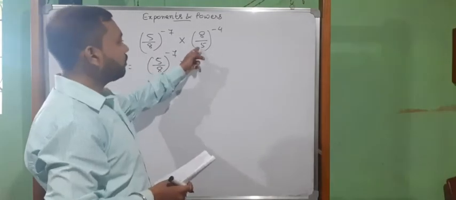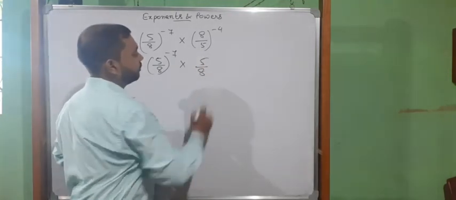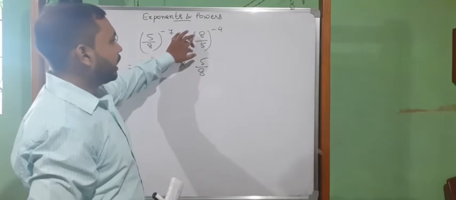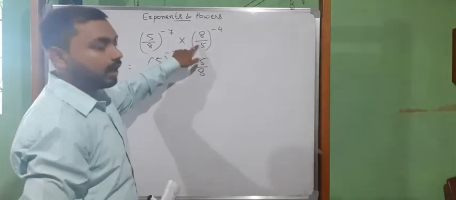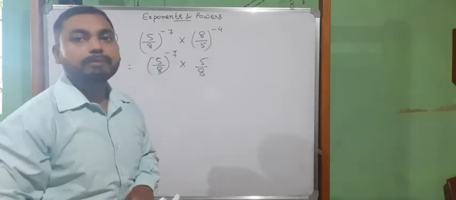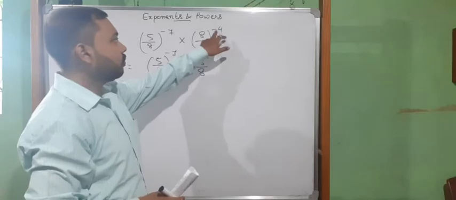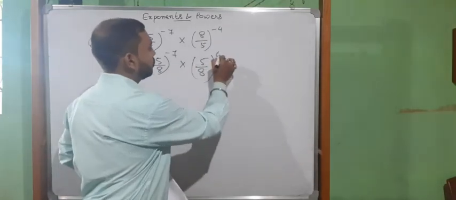Okay, we can write in 5 by 8. If this base will become reciprocal, it was 8 by 5, now I have written 5 by 8, then definitely the sign of this power will be changed. So this minus will become positive. Okay, it will become plus 4.